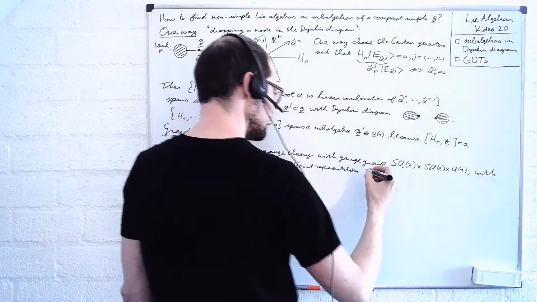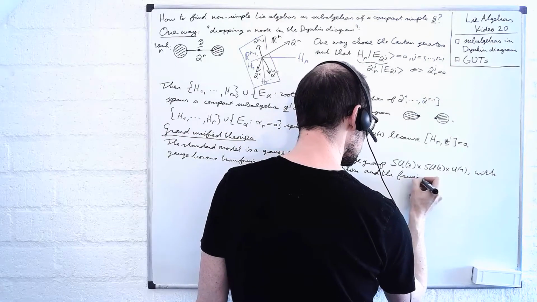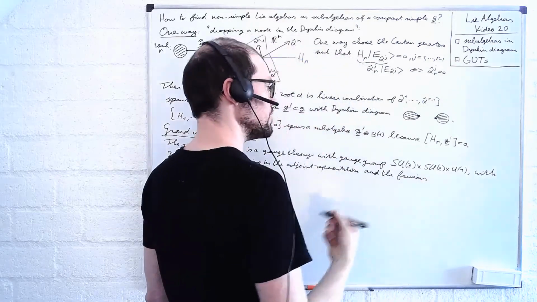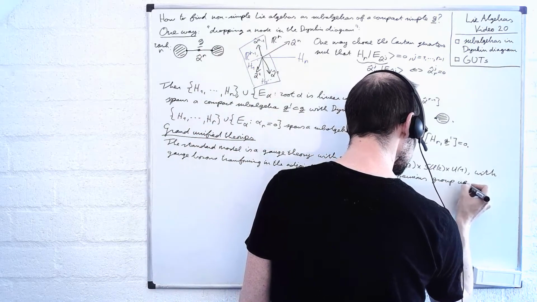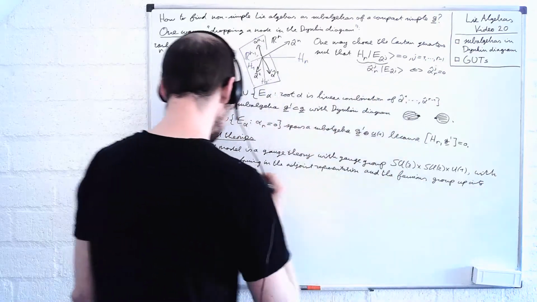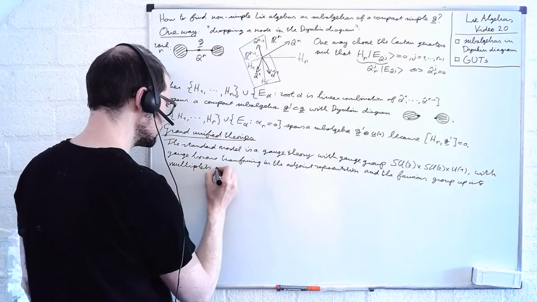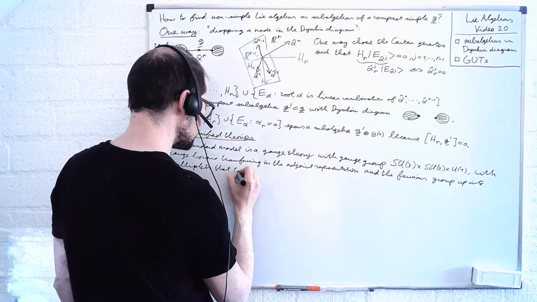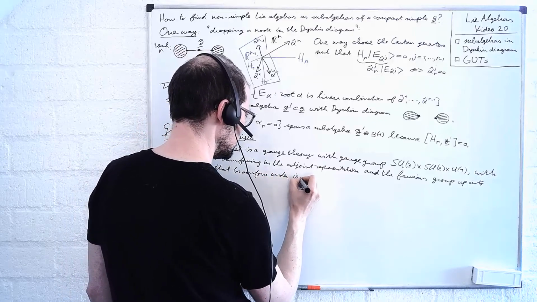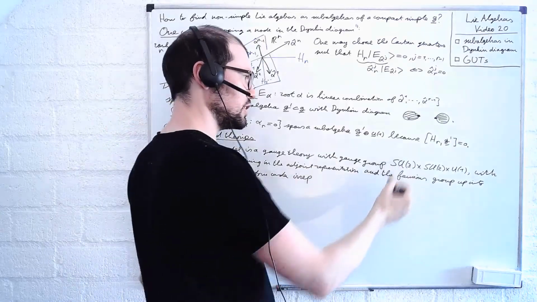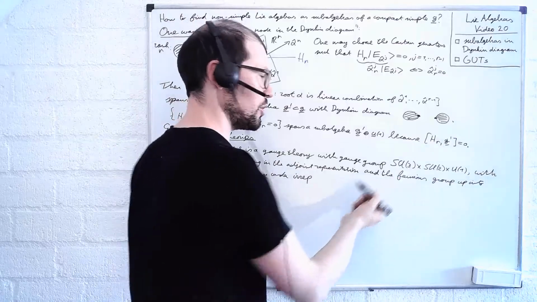And the fermions, they group up into multiplets that transform under the irreducible representations of this gauge group, or if you like, of the corresponding Lie algebra.